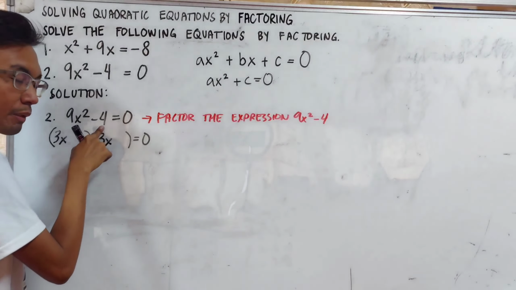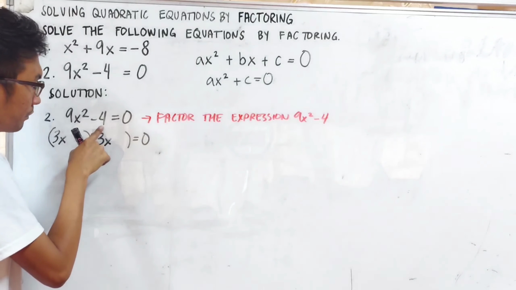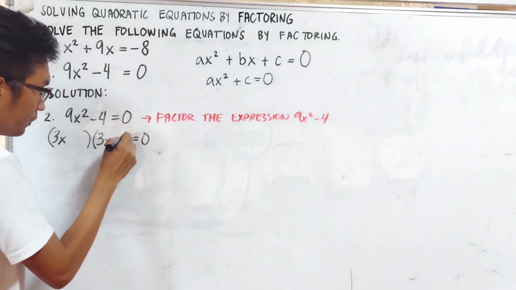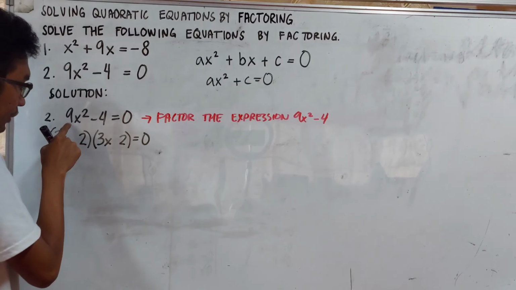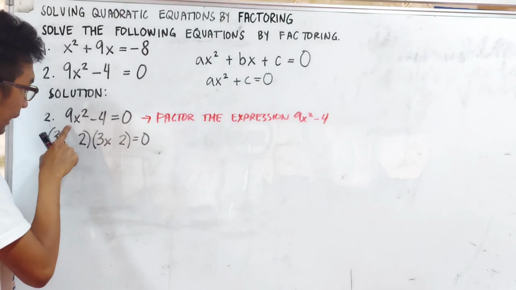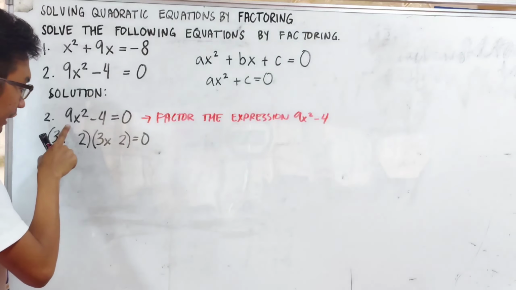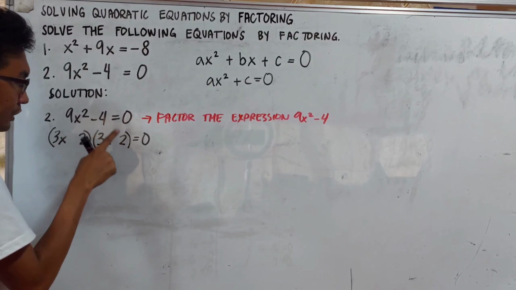Then si 4, kapag pinactor, since perfect square number to, kapag kinuha mo yung square root, the square root of 4 is 2. Same din, sa square root of 9, kaya natin nakuha si 3, kasi ang square root of 9 is 3. Kaya ang ginamit natin is 3, tsaka 2.